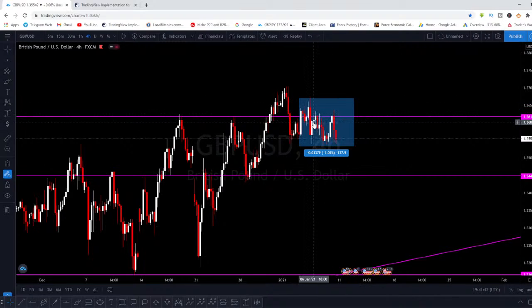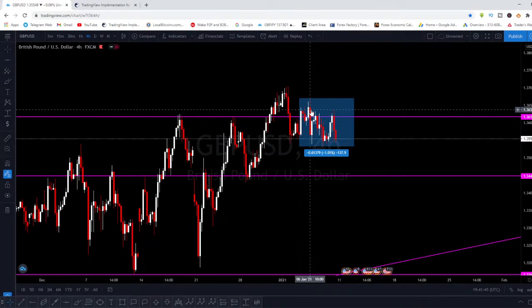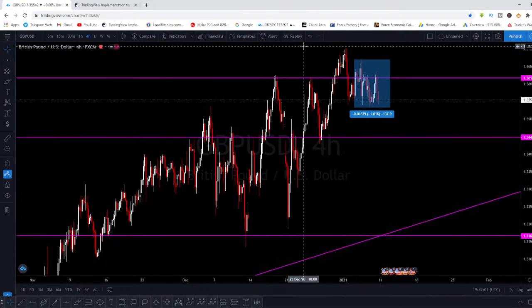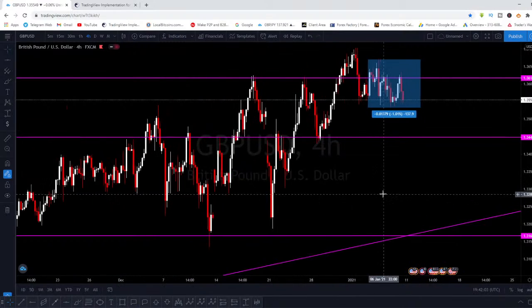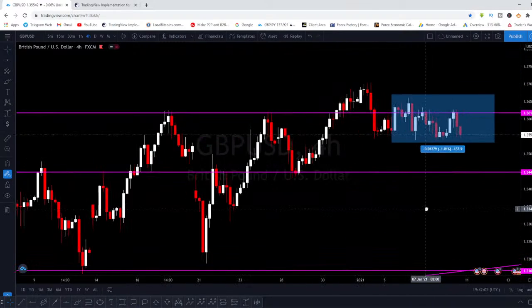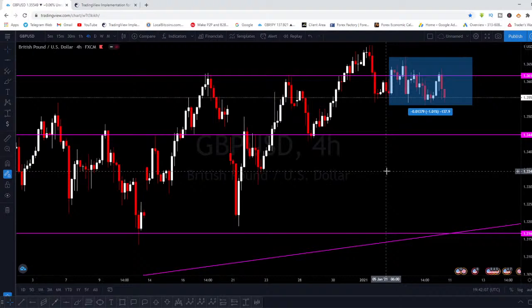If it breaks out to the upside, it will continue to buy since the market is a long-term buy to the upside, right? So this is what I'm seeing on GBPUSD, and I'm waiting for it to happen before I hop into the market as well. So yeah, of course you can do the same. There's nothing much going on GBPUSD right now.